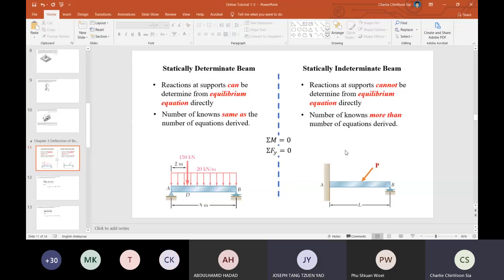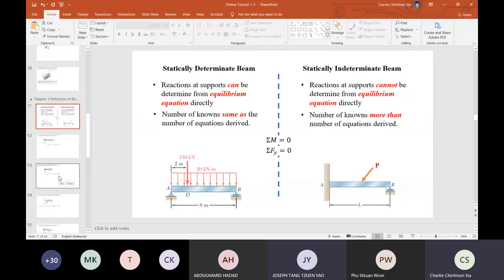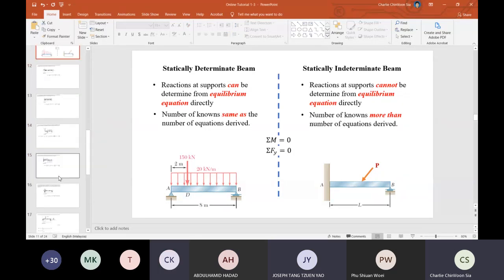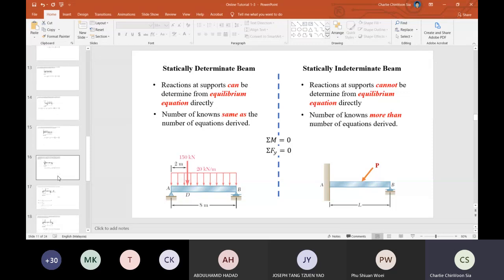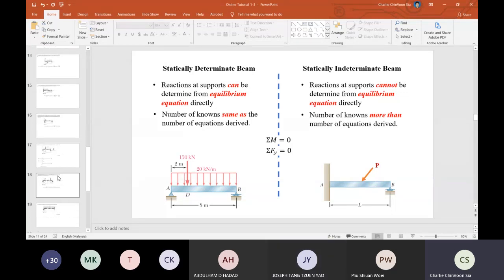So if you are unable to determine the reactions directly, this beam is considered a statically indeterminate beam. How do we identify this from the question? If you forget, remember that the number of reactions is more than the number of equations you can derive.